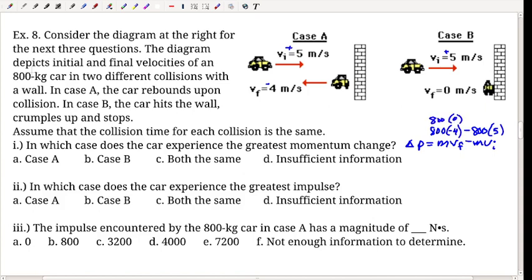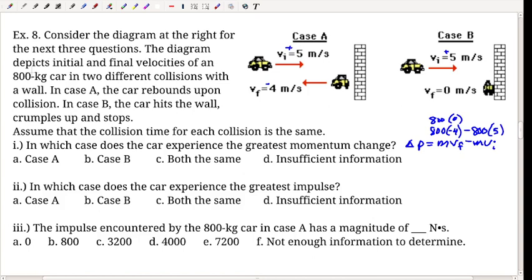So if you want to crunch the numbers, you'll find that the greatest negative momentum is actually going to be the one where you bounce off. It was going at 5 meters per second, then was going at 4 meters per second in the opposite direction, a change of 9 meters per second. 5 minus 4, or minus 4 minus 5. In the case where we come to a stop, 0 minus 5 is just going to be a change of negative 5 for velocity, which is going to be a smaller change in momentum.